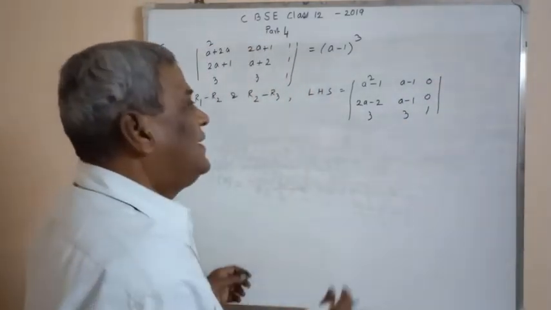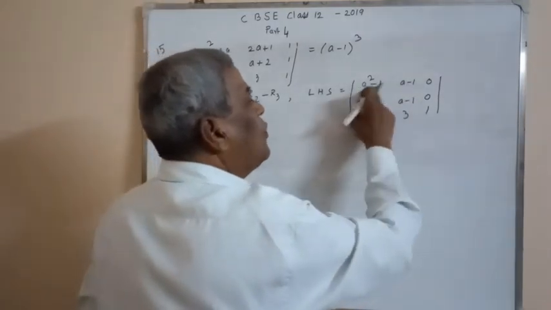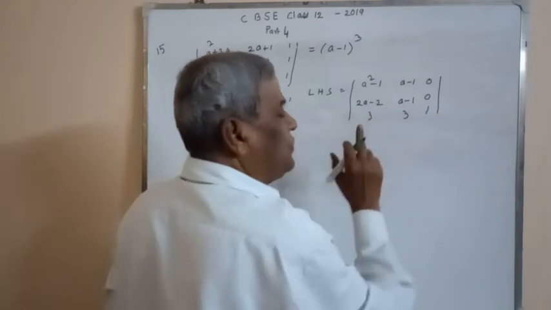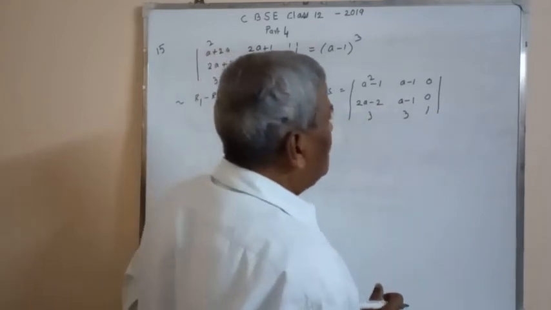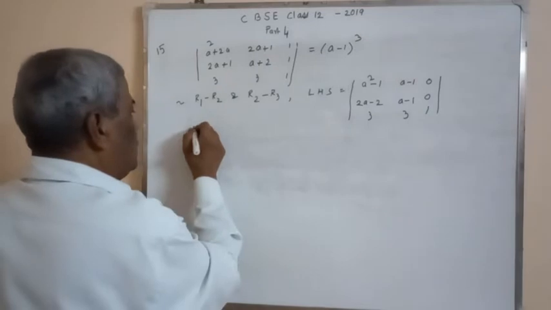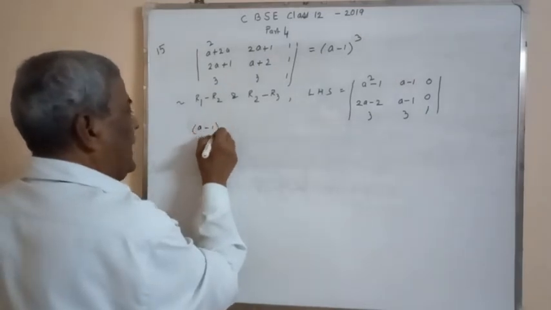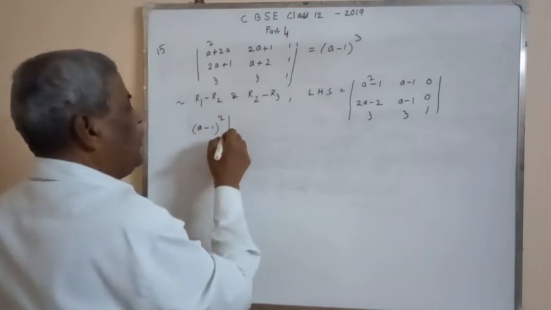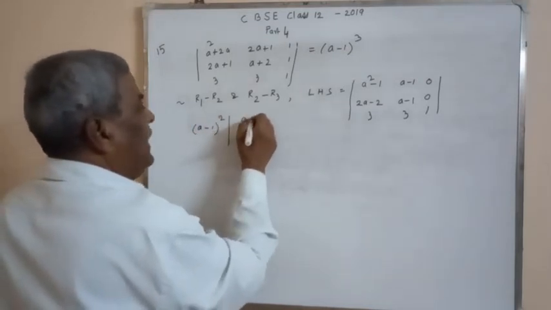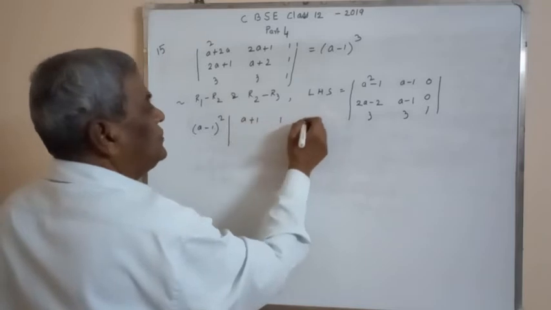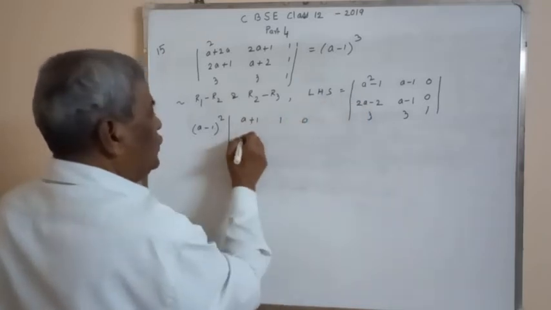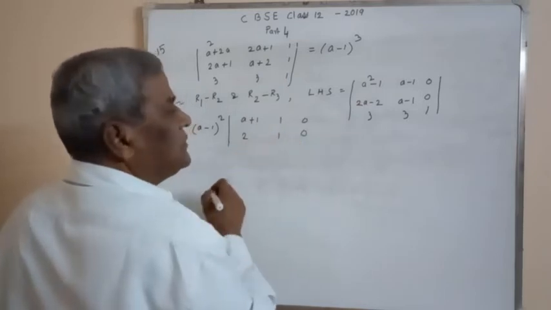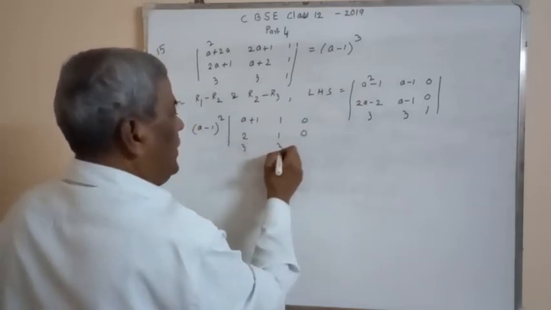Now we can take a minus 1 common from the first row, and from the second row we can also take a minus 1 common. So we get a minus 1 whole square into the determinant a plus 1, 1, 0; 2, 1, 0; 3, 3, 1.